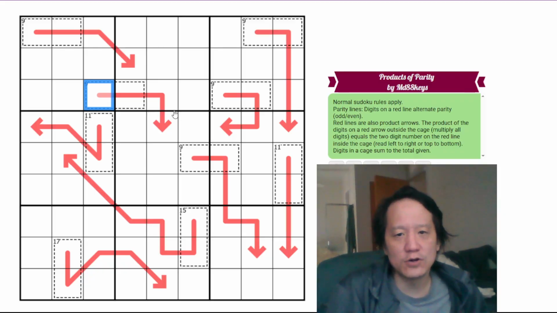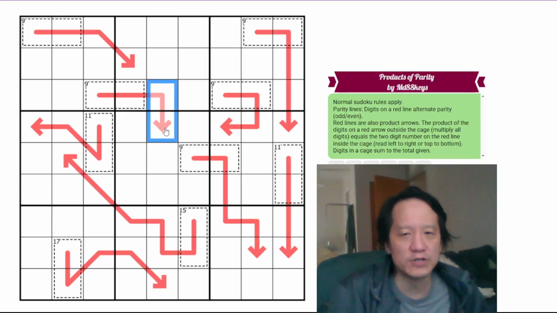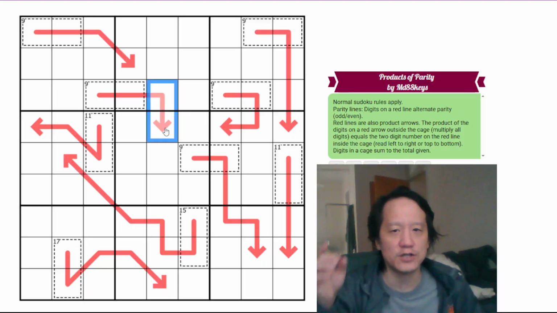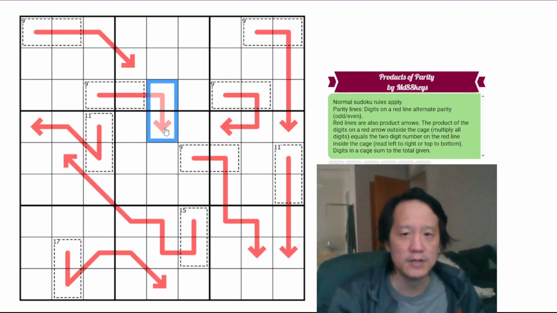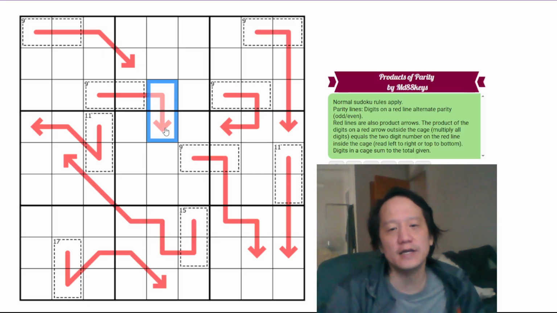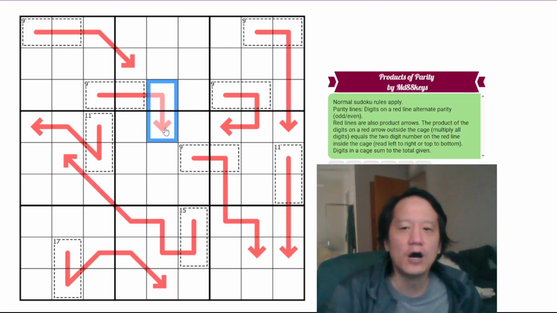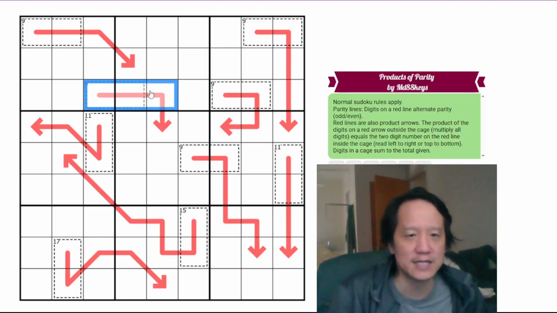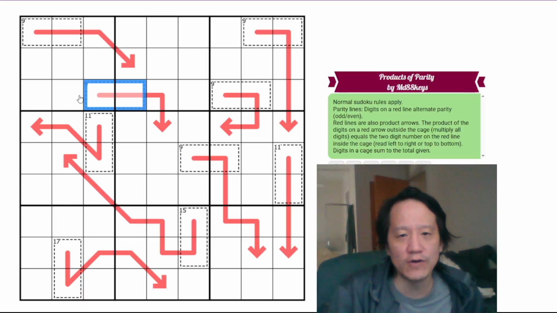Also, the red lines are product arrows, where the product of the digits on a red arrow outside the cage, which means multiplying all the digits, equals the 2-digit number on the red line inside the cage, which you read left to right or top to bottom.